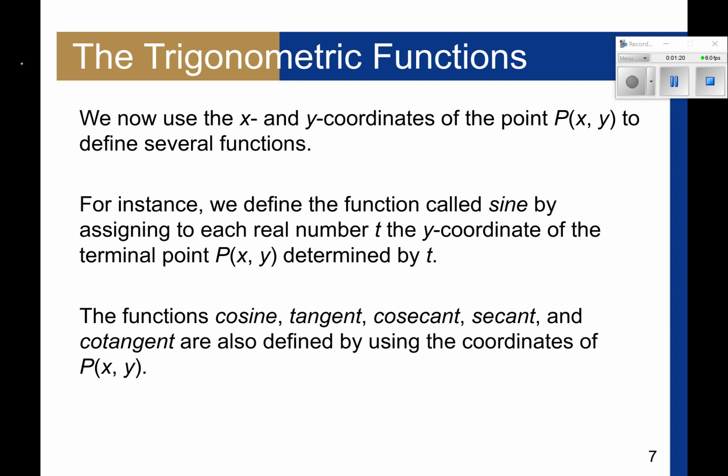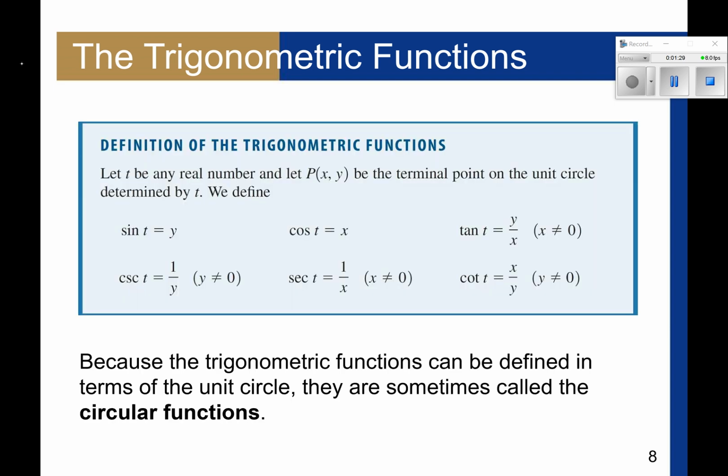Sine and cosine are treated differently than tangent, cosecant, secant, and cotangent, because basically sine of t is the y coordinate of that point. Cosine of t is the x coordinate of that point.